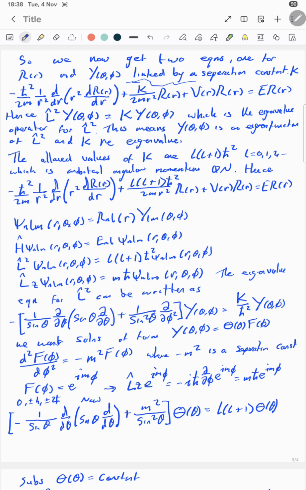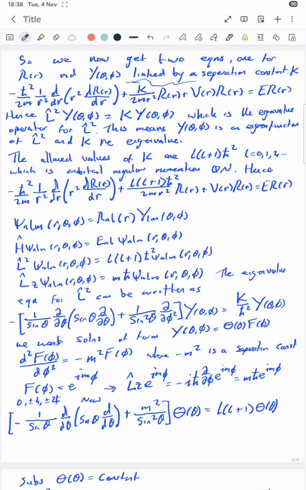Here L squared, the total angular momentum operator, acting upon the spherical harmonics gives this k multiplied by the spherical harmonics, which is the eigenvalue of the operator L squared, the total angular momentum operator. This means that the spherical harmonics is an eigenfunction of the total angular momentum squared operator, and k is an eigenvalue.